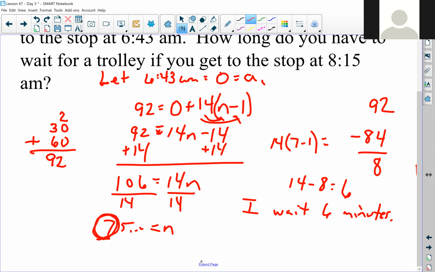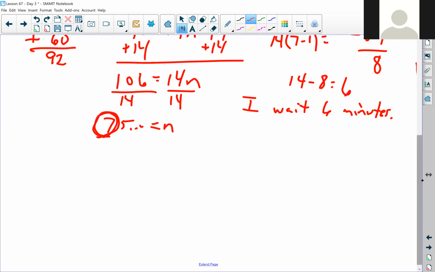Another way you could do this is you would know that you will get picked up on the 8th stop. So you could do your 92 minutes. You could do 14 times 8 minus 1.